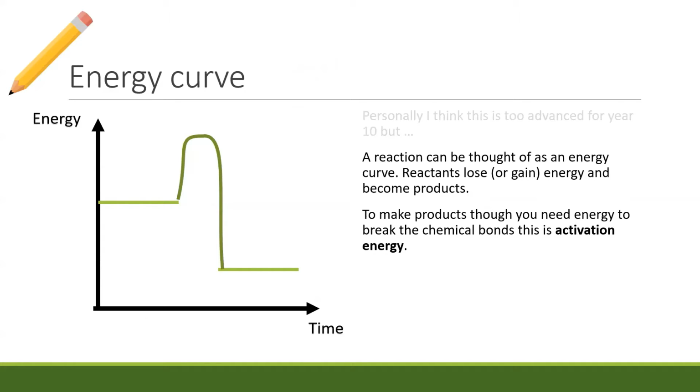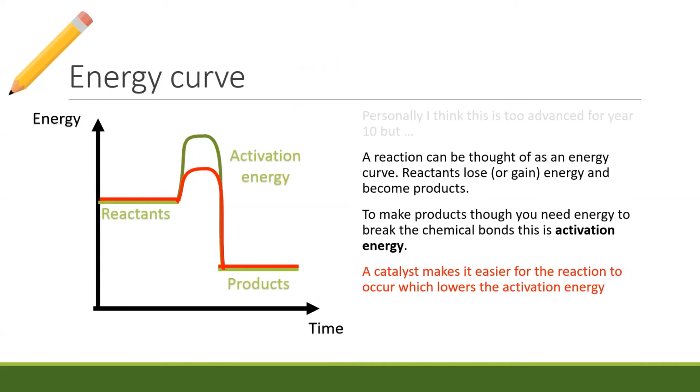Because you're forcing them to be in the correct orientation, what that means is that the catalyst will make it easier for the reaction to occur, which lowers the activation energy. So that's how you can think about it. Because the catalyst is lining those reactants up perfectly, you actually don't need that much energy in order to get the reaction to work.